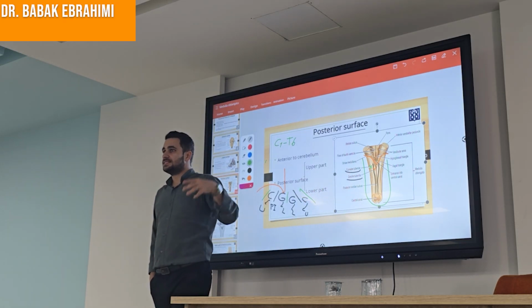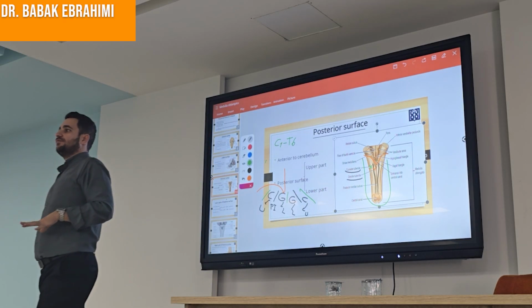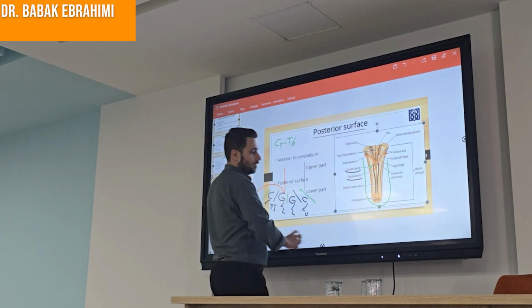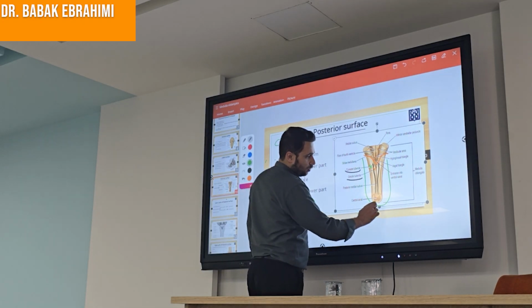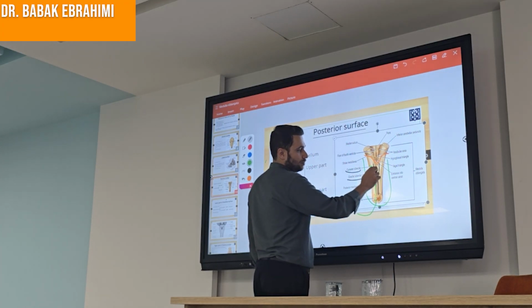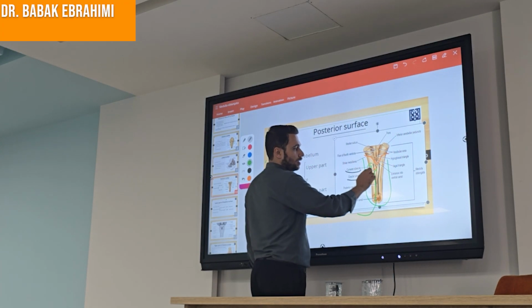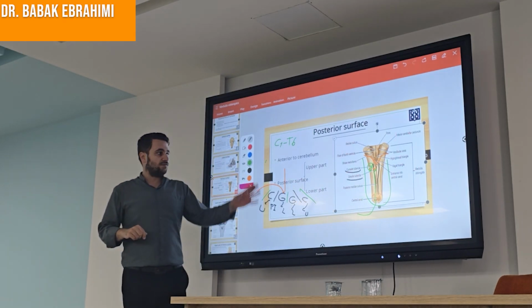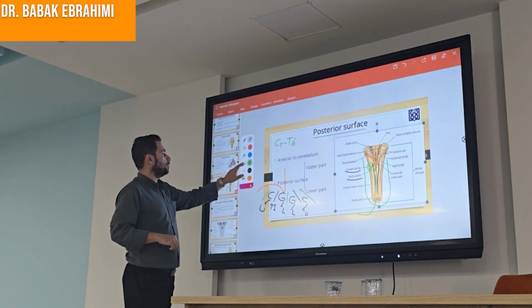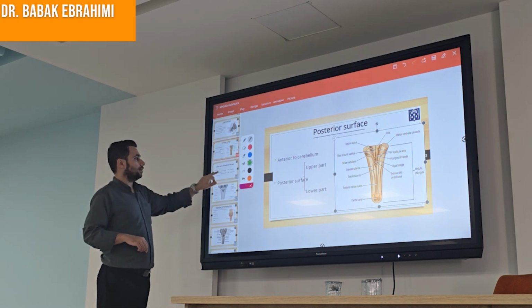This is the second order neuron of gracilis and cuneatus. The sensory information comes to the spinal cord, then goes upward until which part? The gracilis comes to the medial one, and the cuneatus comes to this part. So we can see the gracile tubercle, the cuneate tubercle, and the posterior intermediate.